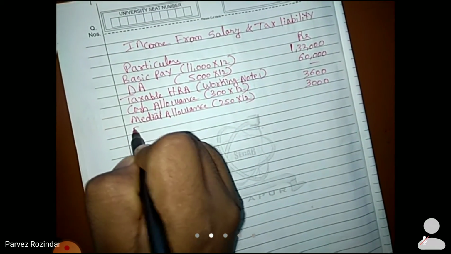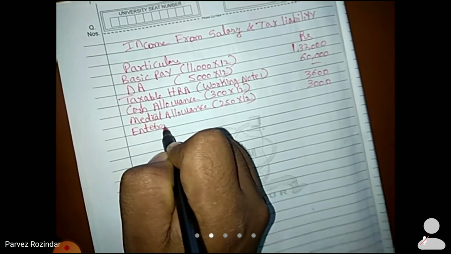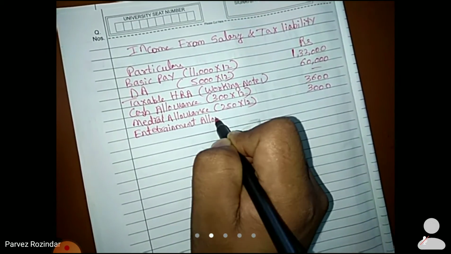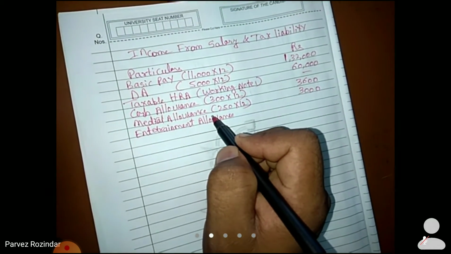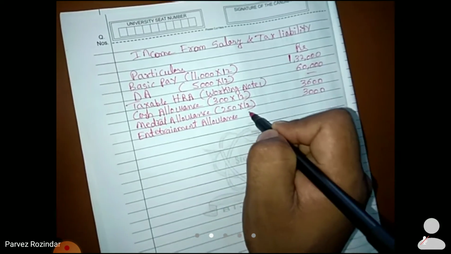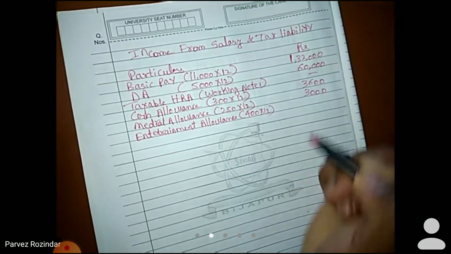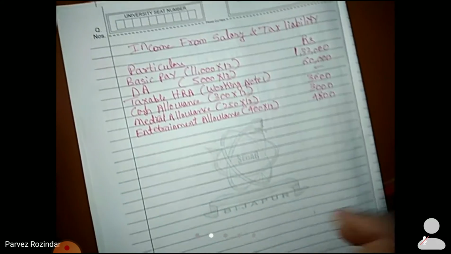Then entertainment allowance, 400 into 12, it is 4,800 rupees.